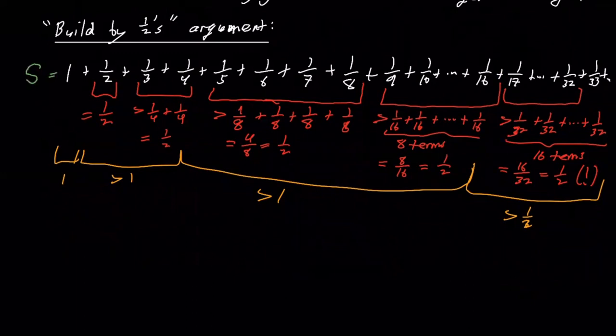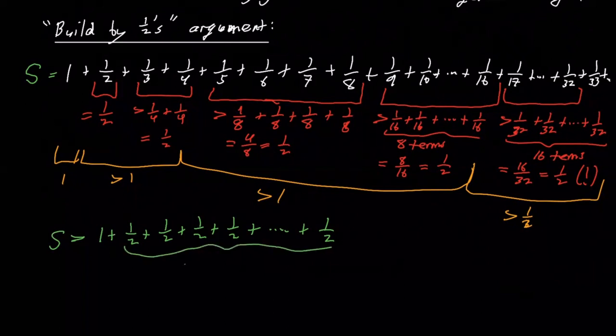This sum S is greater than 1 plus a half plus a half plus a half plus a half. And we can keep building these for any number of halves. I can stop somewhere and say, okay, it's bigger than that number, because I can always take enough terms to build another half.